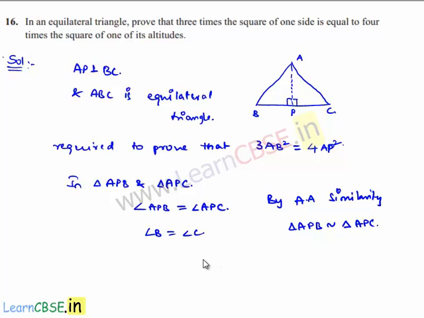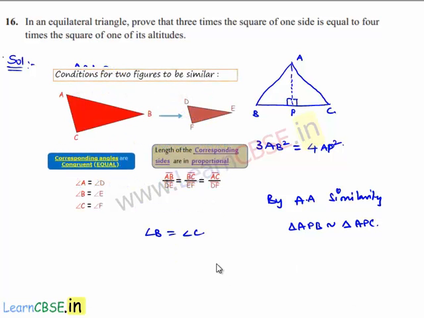We know that when two triangles are similar, their corresponding sides will be in proportion. So here AP by AP will be equal to PB by PC is equal to AB by AC.